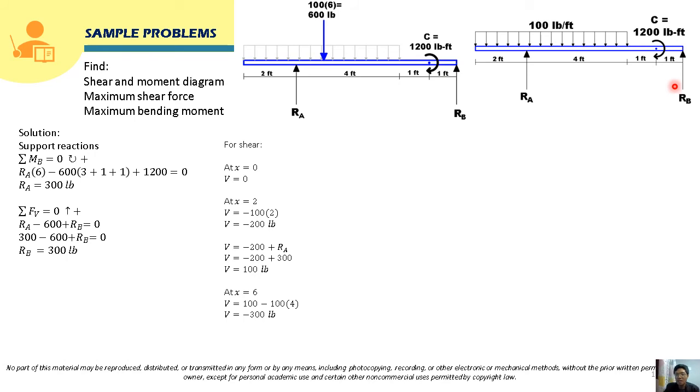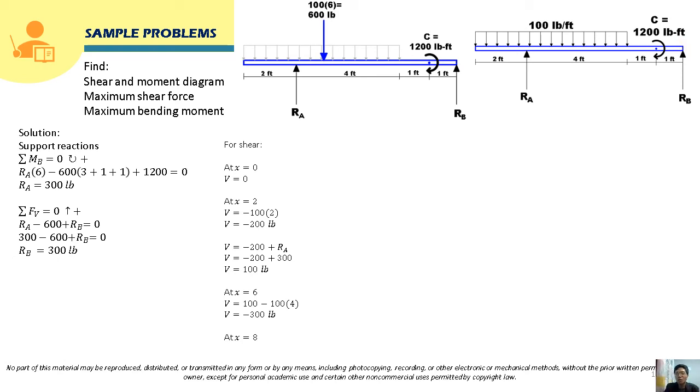Okay, and also, class, here there's a couple. So the shear here will just be constant, since this is a moment, so there's no effect for shear. From 6 to 8, the shear will be constant.